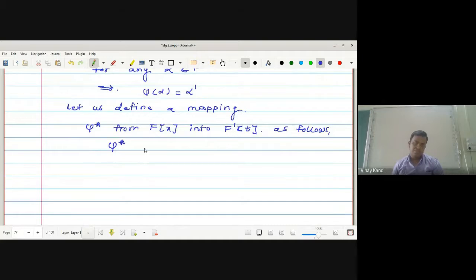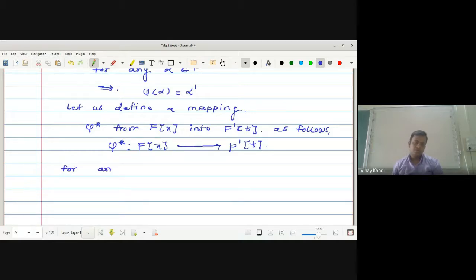Psi star is the mapping from capital F[x] into capital F dash[t].